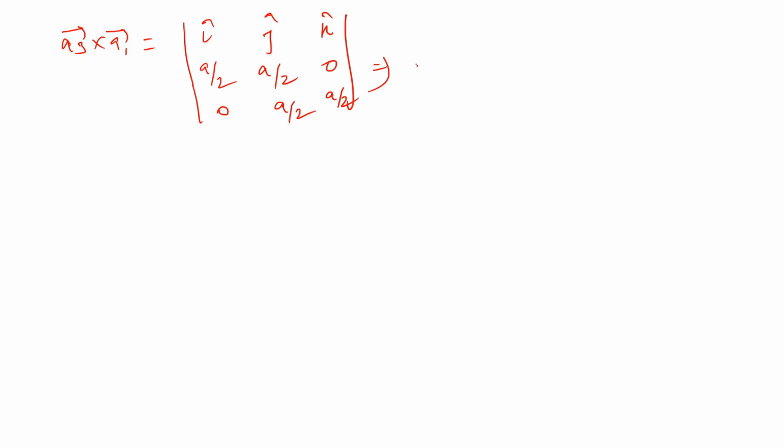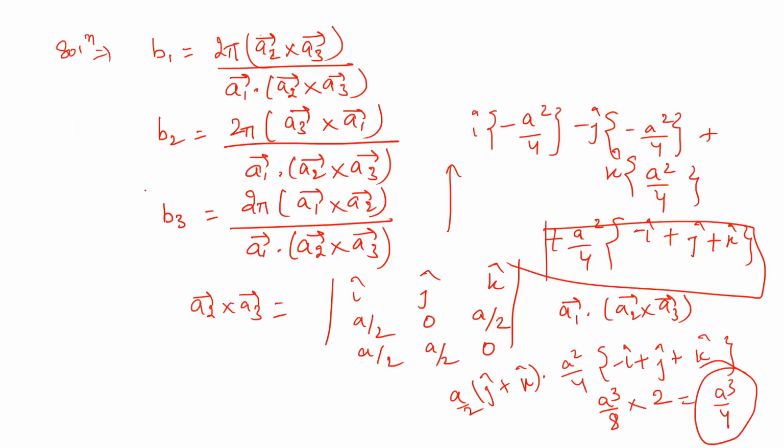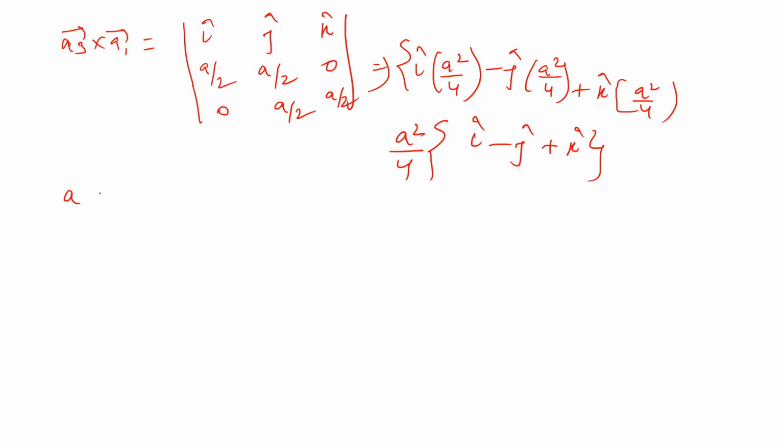So this will become I into A square by 4, minus J into A square by 4, plus K into A square by 4. So this will become A square by 4 into I minus J plus K. Similarly, we can solve for A1 cross A2.